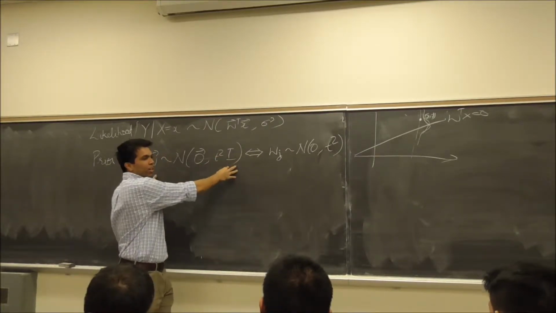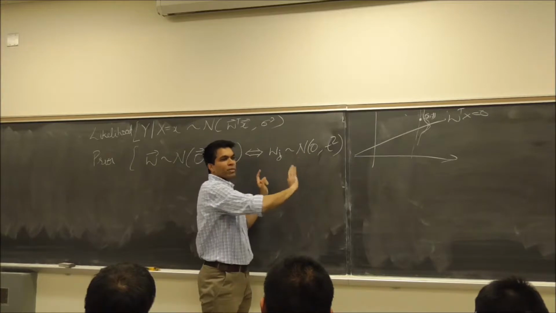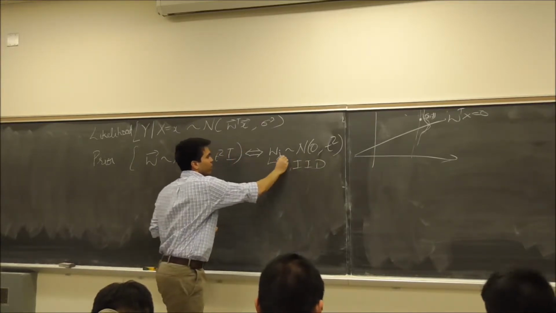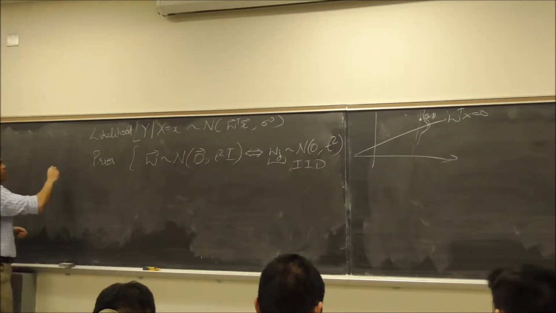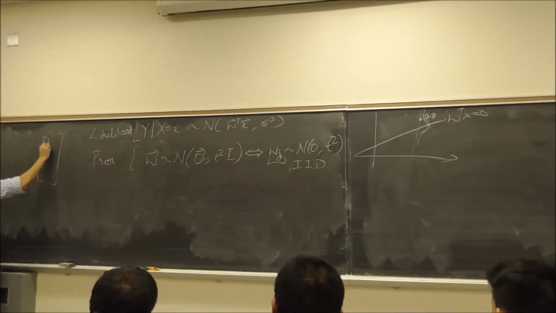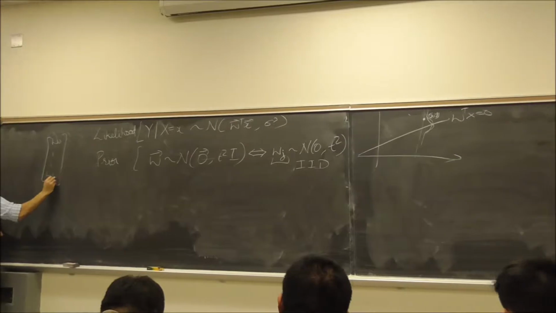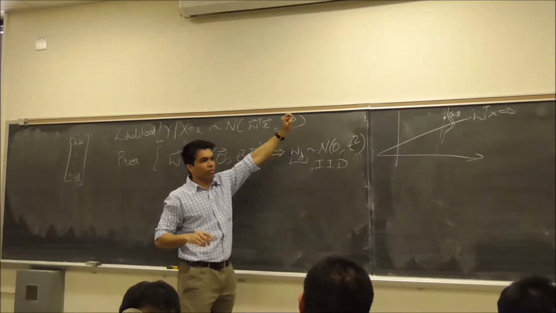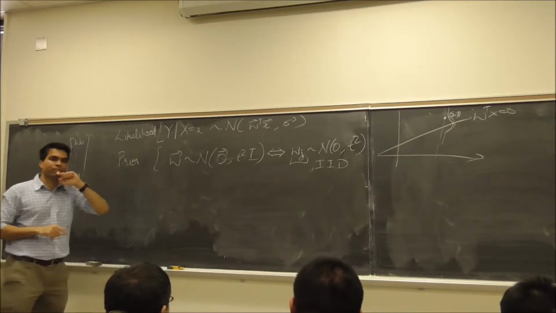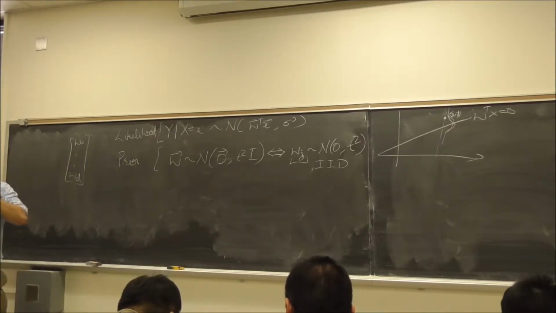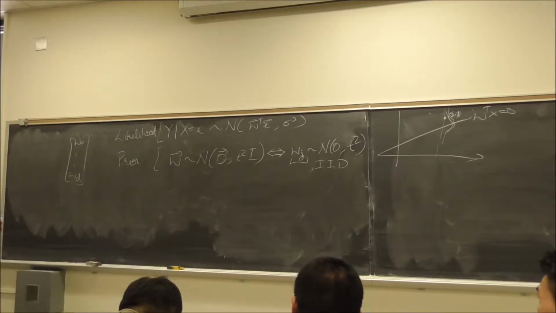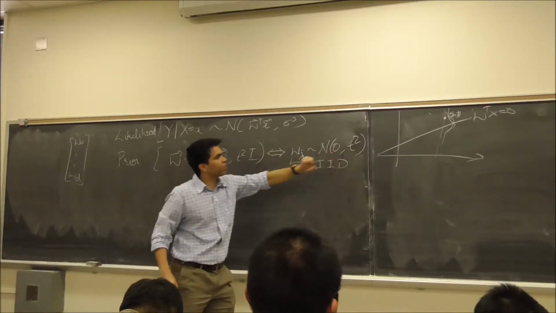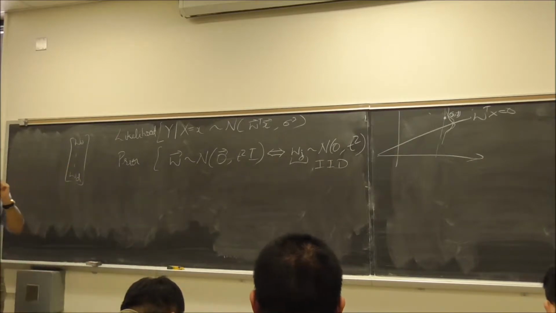We're not going to deal with multivariate Gaussians; we're just going to assume the coordinates are independent, so IID coordinates of W. Remember, W is a weight vector, W0 all the way to WD, and each of those coordinates comes from some Gaussian distribution. They all have the same standard deviation, the same variance.